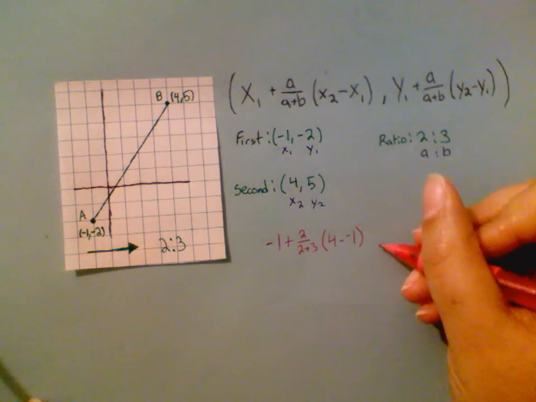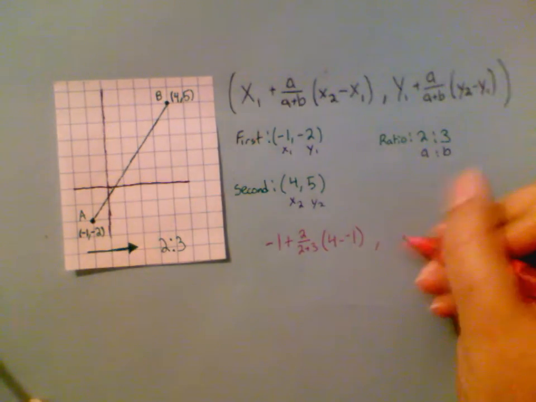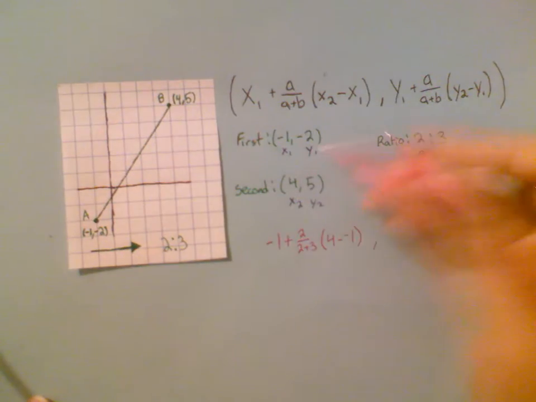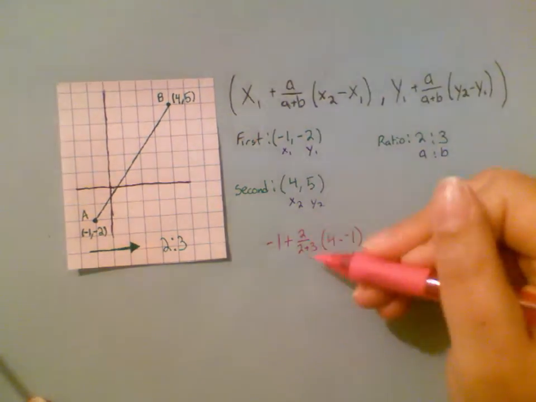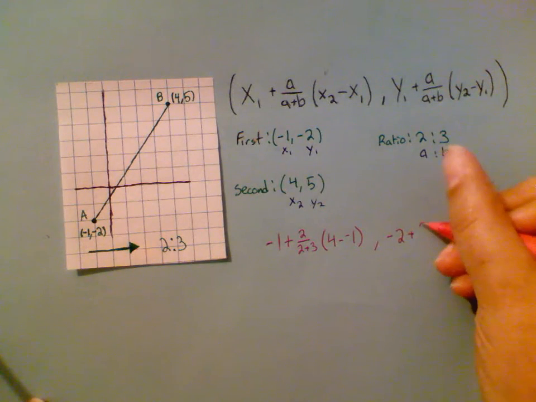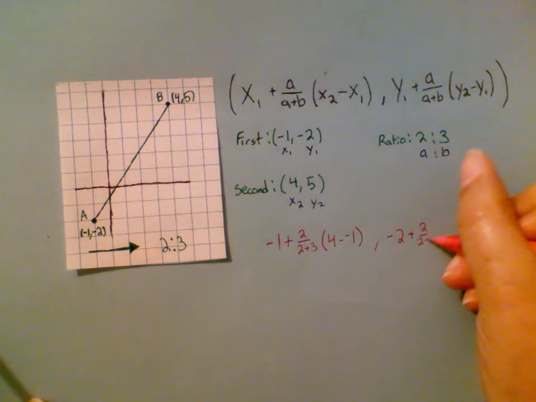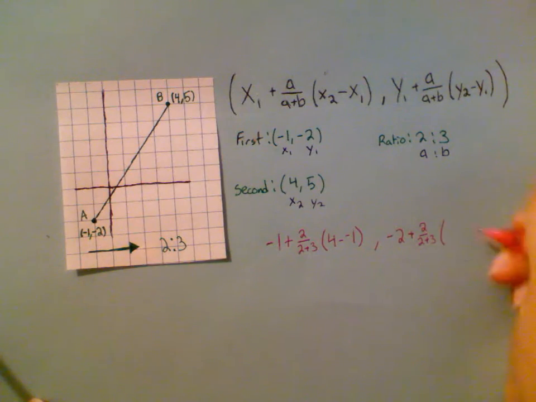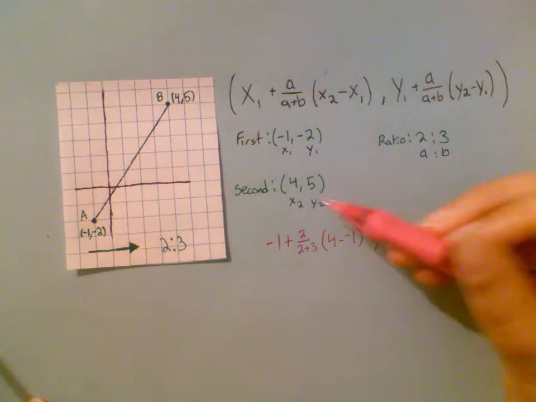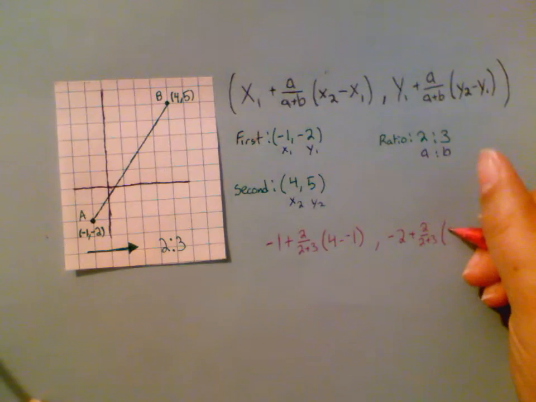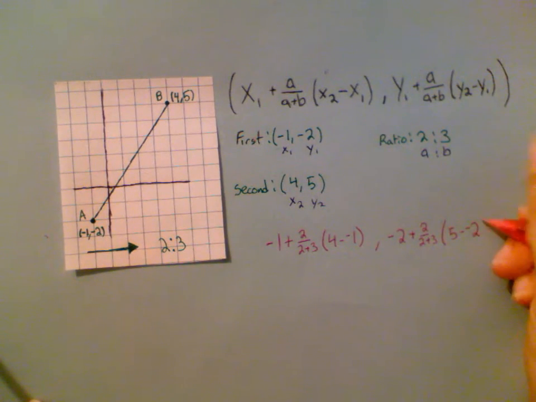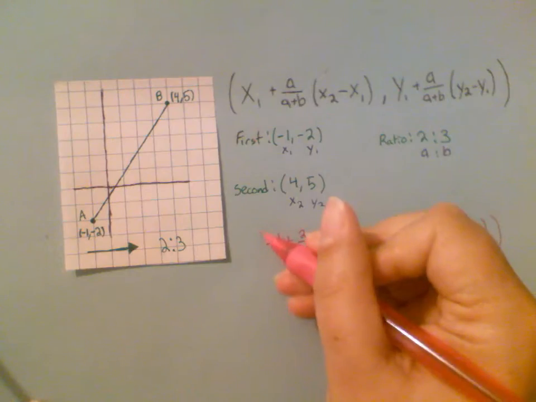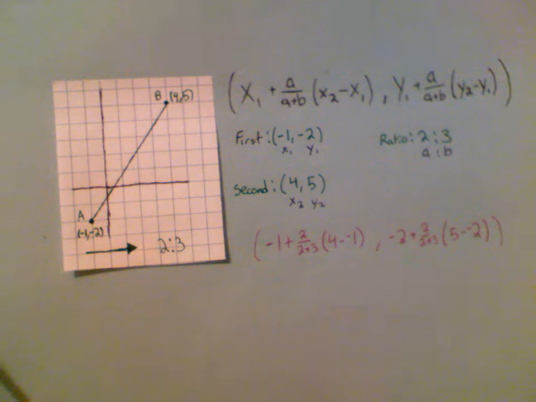We've got to be careful of that. Y sub 1 is -2. Plus, again, we have that 2 over 2 plus 3 for a over a plus b. And then y sub 2 is 5 minus a negative again. Okay, so that's what we've got after we just do the substitution.